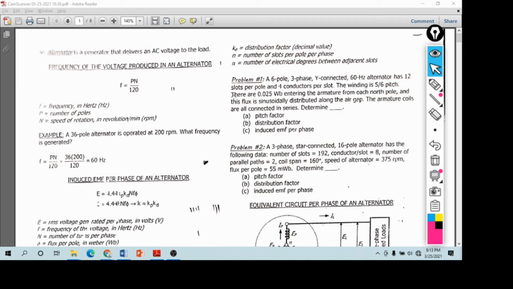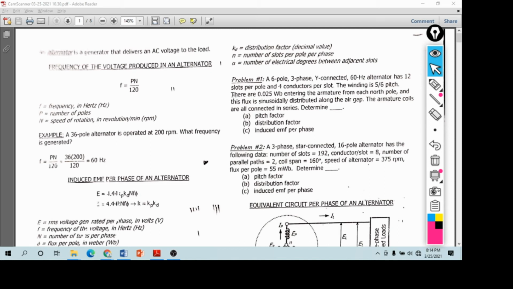First, determine the pitch factor. Second, the distribution factor, and third, the induced EMF per phase.